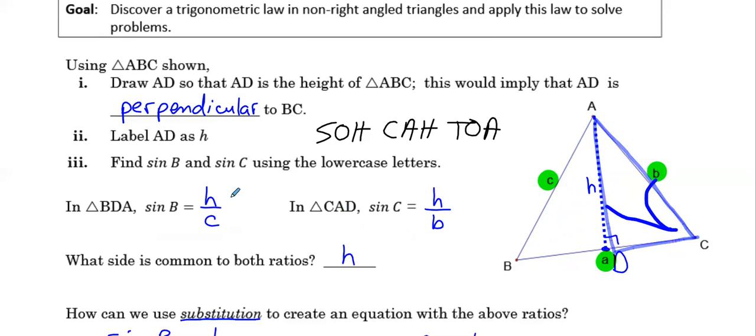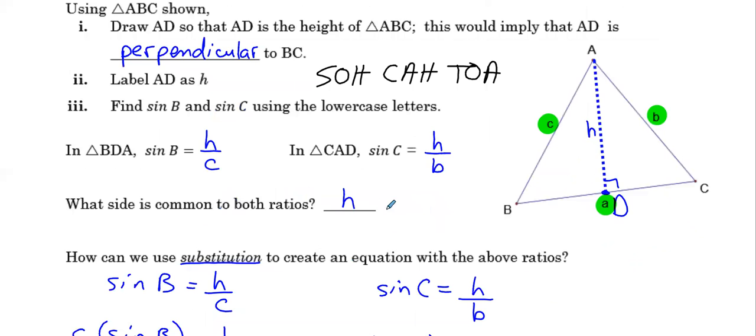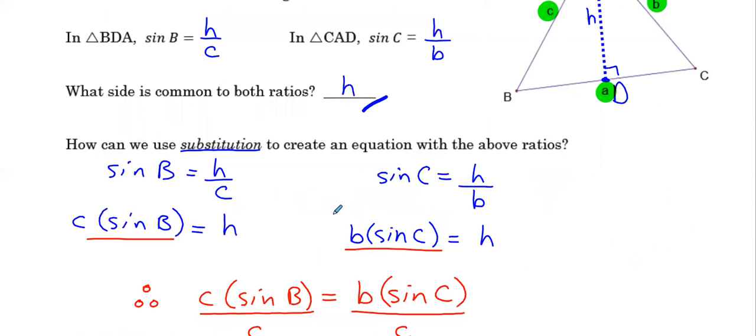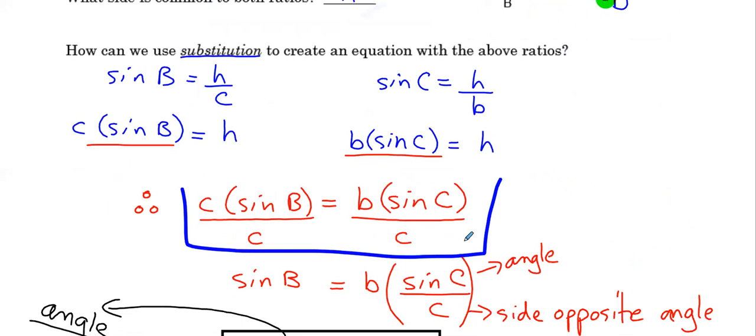Now, both of these formulas have the same variable. So what does that allow us to do? Well, much like equations of lines, you can isolate for that variable and do a little substitution. They both have that h in common, so you can rearrange the formulas to get a connection between the ratios that you were given.